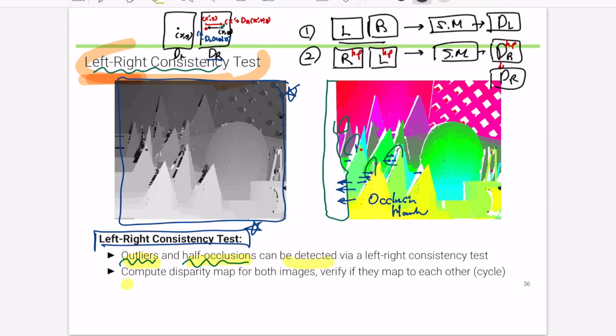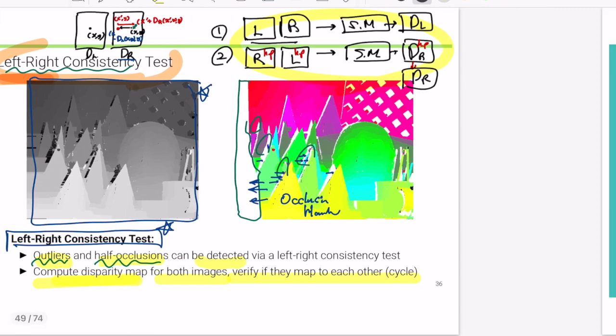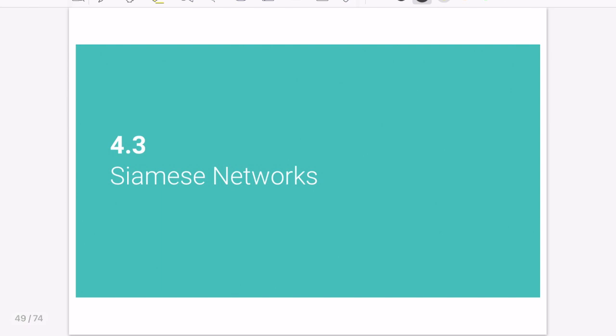Then compute the disparity map for the first image and verify that they map to each other, like a cycle consistency. Then fill in the occluded region by using some post-processing like filtering. Right, so that was the block matching method.